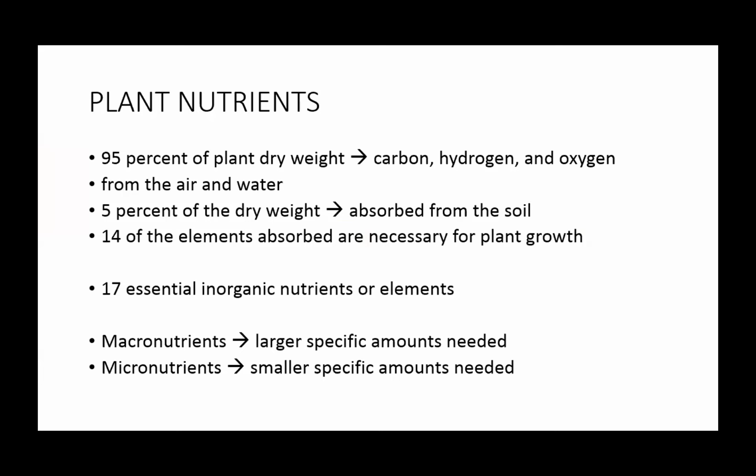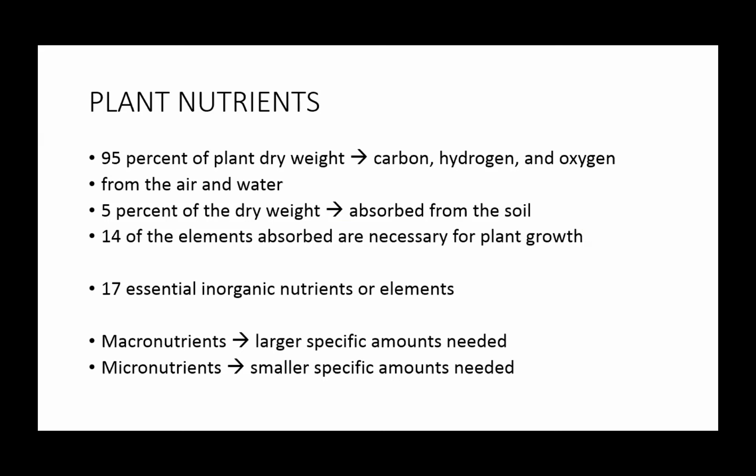They don't get those from the soil. About everything else, 5% of the dry weight, is coming from the soil. There are 14 elements that they have to get from the soil in order to grow. Being essential nutrients means that they are required for plant growth and you can't substitute something else for that nutrient.